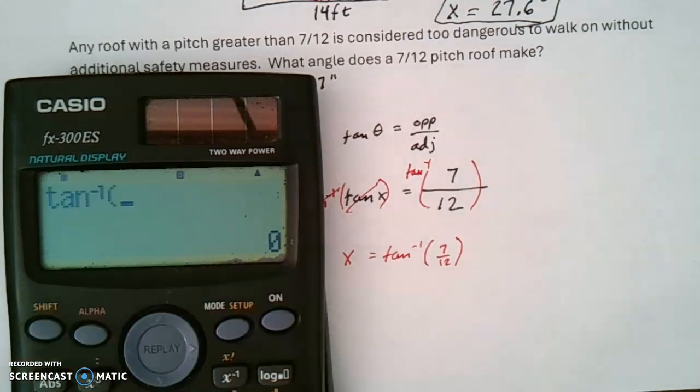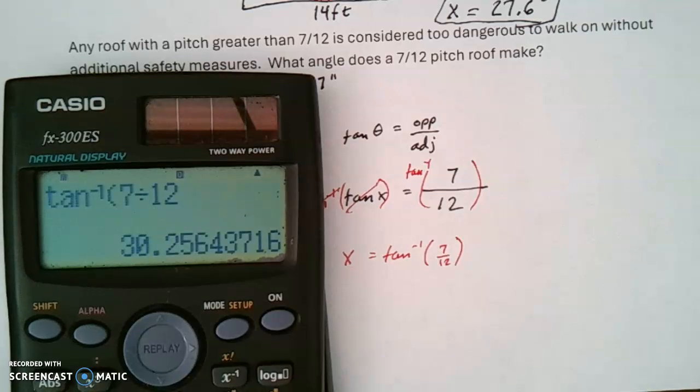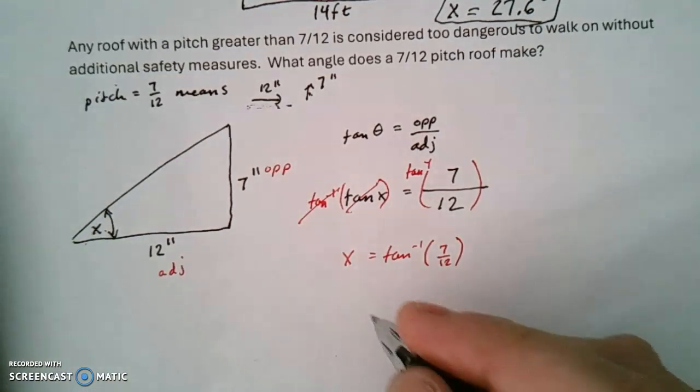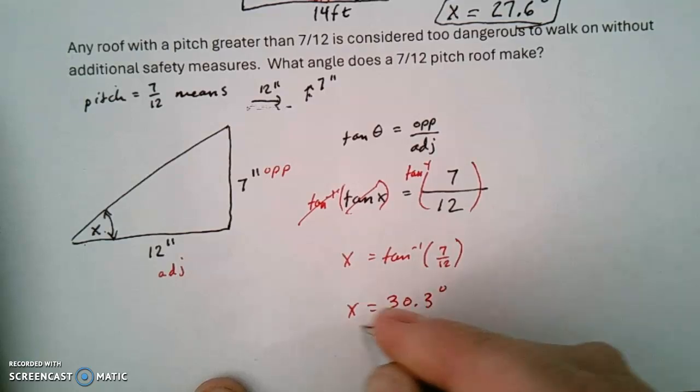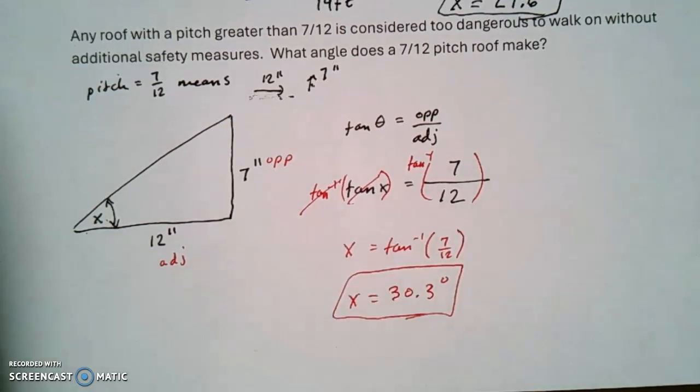Inverse tangent, 7 over 12. And we get 30.3 degrees. Okay, so a 7/12 roof has a 30.3 degree angle.